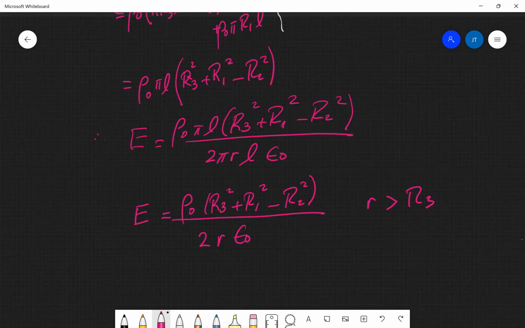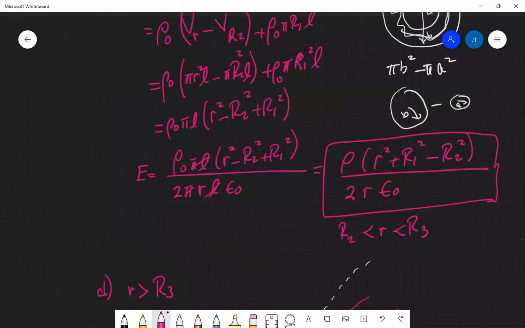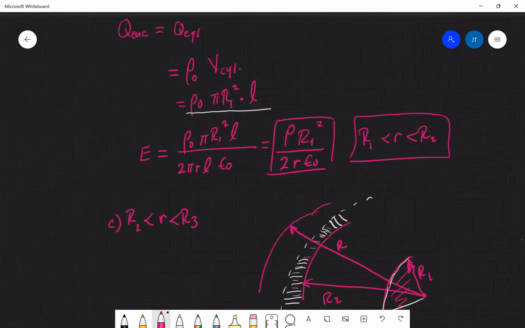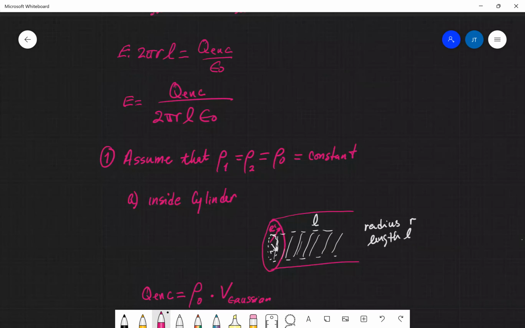And this is it. Now, in the next video, I'm going to begin from here, using the same document. However, now, instead of rho 1, rho 2 equal to rho 0, which is a constant, I want to make them a function of the radius.